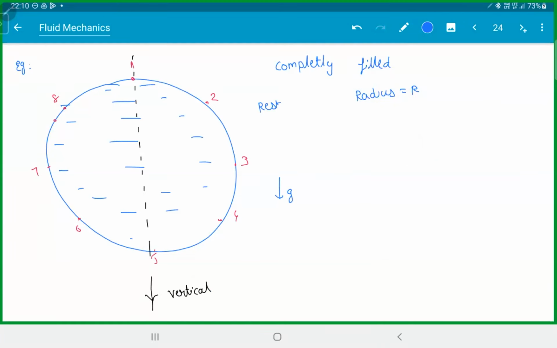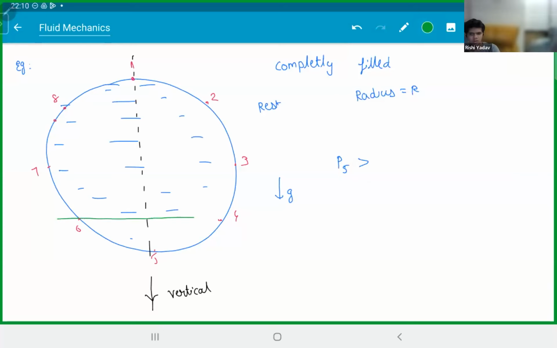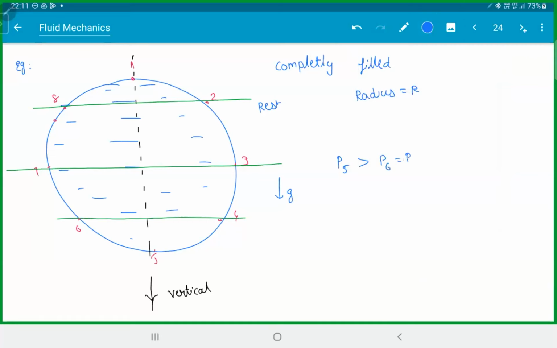The deeper you are, higher the pressure, right? So what is the deepest point here? 5, P5. Then 6 and 4, P4 and P6. These are horizontals, no? P6 and P4 are equal. Then 1 and 3, then 2 and 8, and then last is P1. I hope all are clear with this.